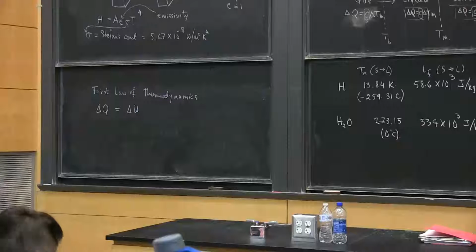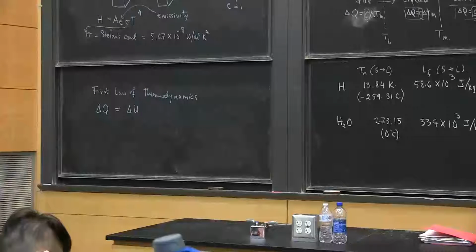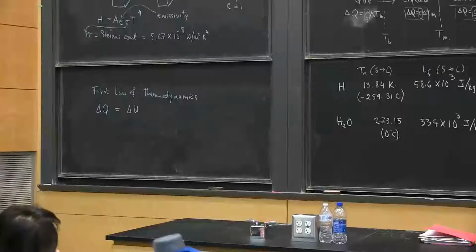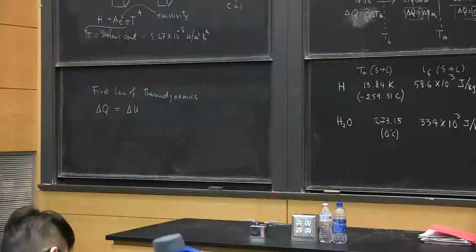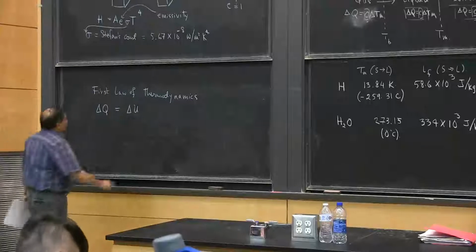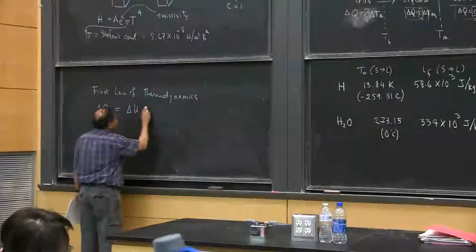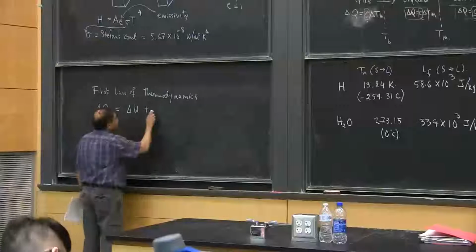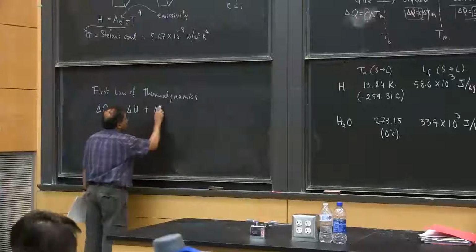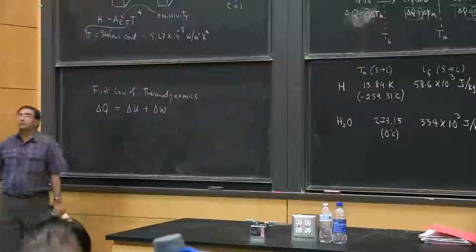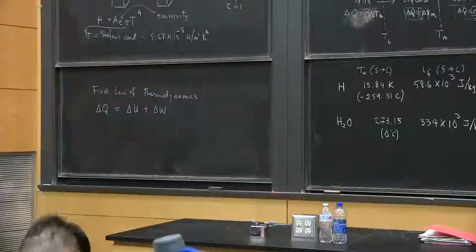Internal energy going up typically depends upon the temperature involved. There is a temperature change that can happen. And second, the material to which you have given the heat energy can actually do something for you, and that is work. Delta W is work.